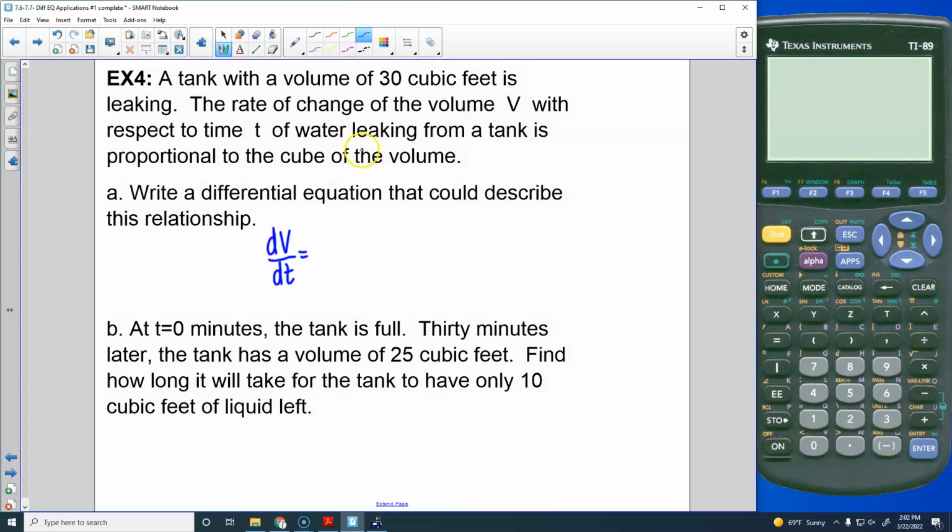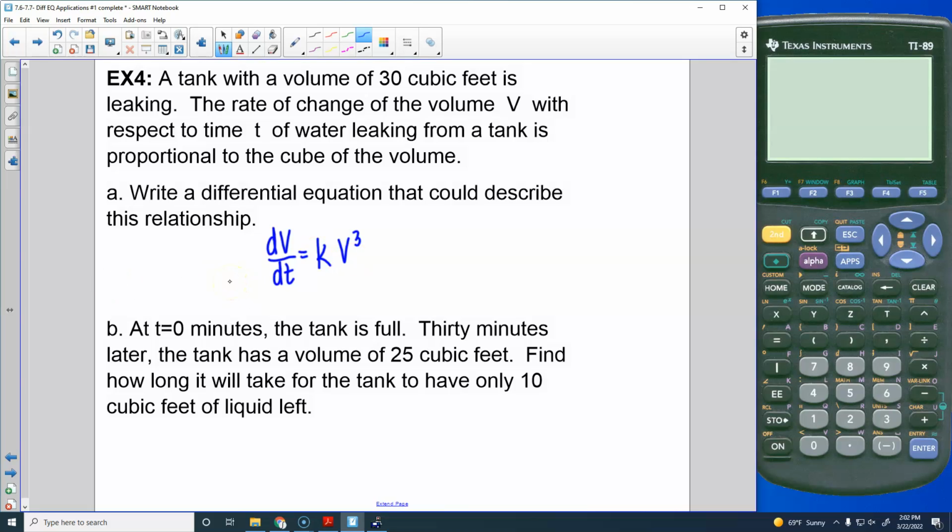The water's leaking from a tank, proportional to the cube of the volume. Volume cubed. Oh, go crazy, Tommy. Tommy can, in fact, lead. Literacy master over here. All right, so this is your differential equation.